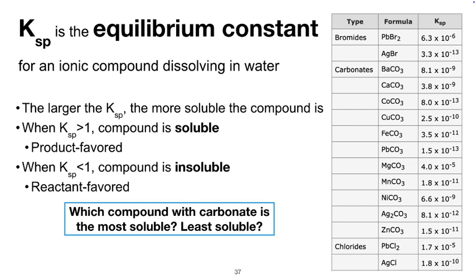Remember what our K expression is? Okay. We have the solid going to the aqueous species, right? If they're insoluble, do I get a lot of aqueous? No, I get very small concentrations of my aqueous. And if I now go through and run a solubility product and I multiply those small concentrations, what do I get for my K?